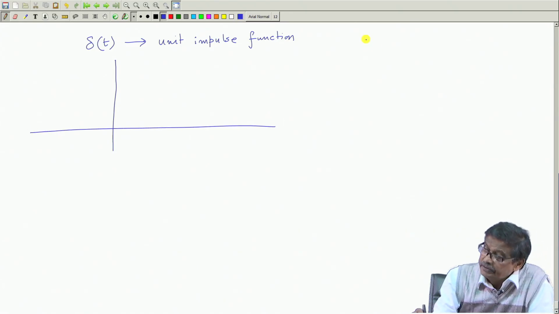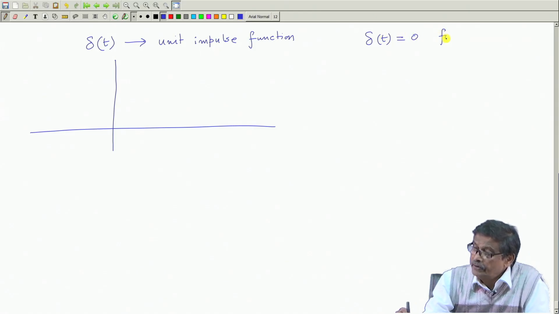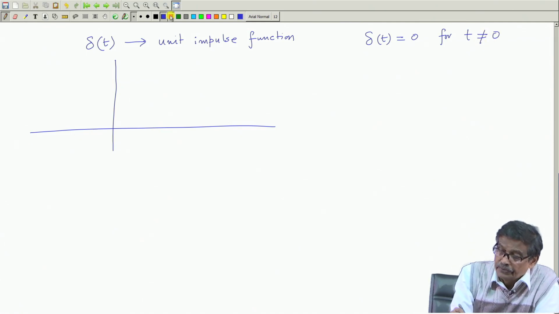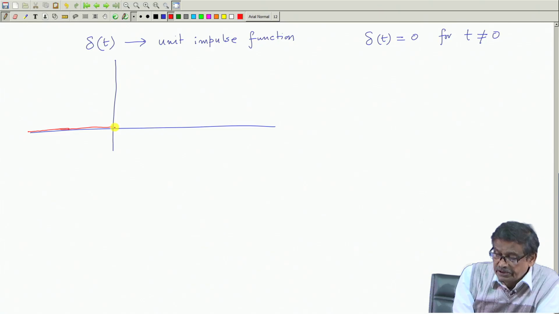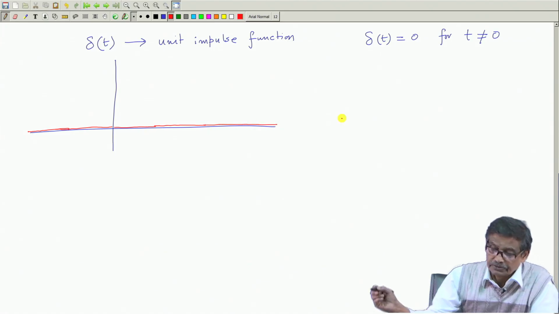The value of the function delta t will be equal to 0 for t not equal to 0. For any other values of t, the value of the function will be 0. Suppose the red one I am using for sketching delta t, it will be 0 for t less than 0, to minus infinity, and for t greater than 0, to infinity. This will be all zeros.